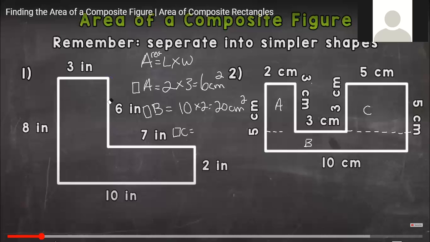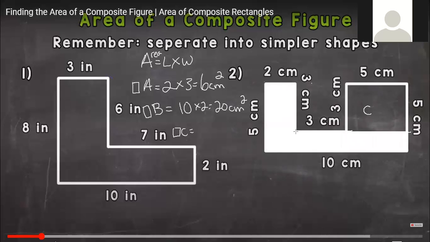That's awesome. Now let me cover up the other ones so we don't freak out again. So we're going to cover this one, and then this one. Okay, covered up. So we got C right here. We're doing length times width again. What am I multiplying? What's my length? What's my width?